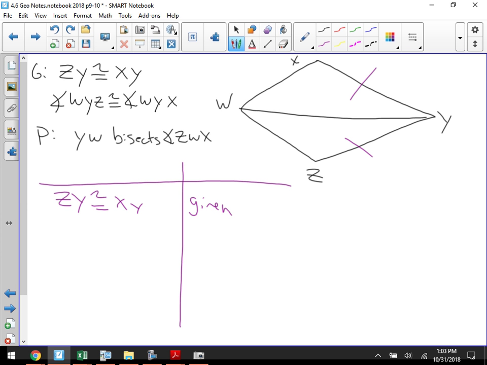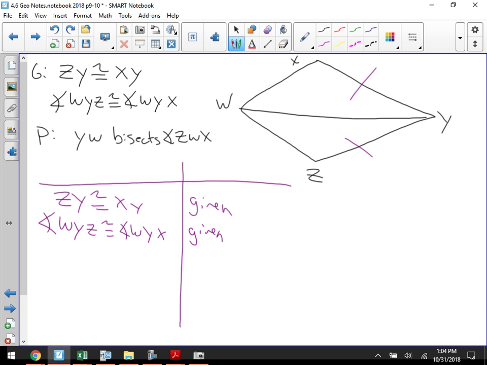Mark it. You go to the next one. Angle WYZ congruent to angle WYX, which means you have to find those angles.